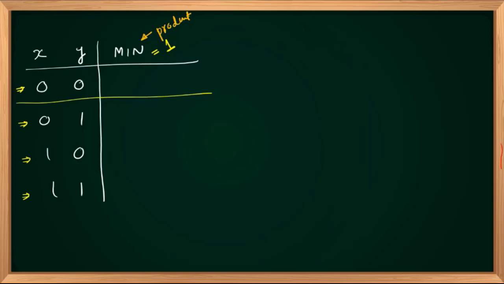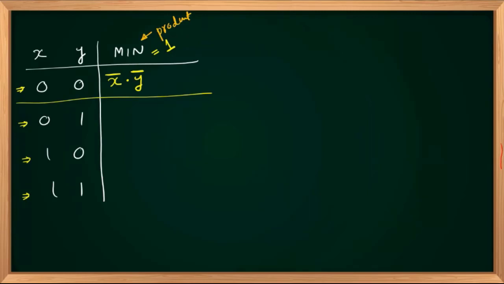So x and y are zeros here in the first entry. And I should write a product expression, product between x and y, or x bar and y bar, or x and y bar, different combinations. But that product term should return how much? A logic 1. So if both x and y are zeros, the only possible product term that returns a logic 1 is nothing but x bar dot y bar.